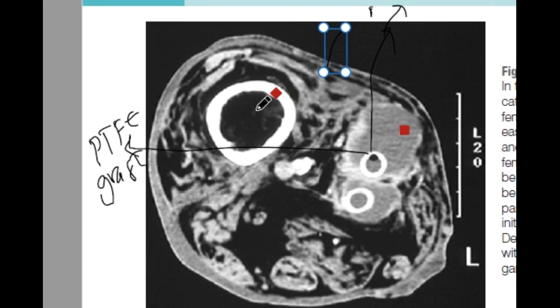Okay, and here you will see the thrombus formation surrounded by fluid collection. So this is the picture showing peripheral vascular disease.